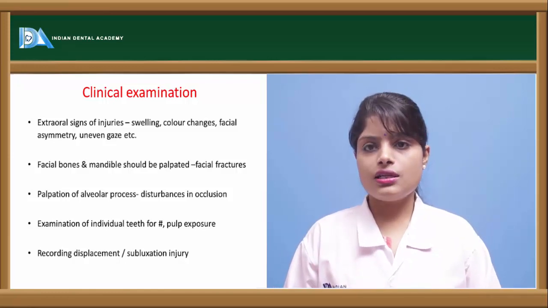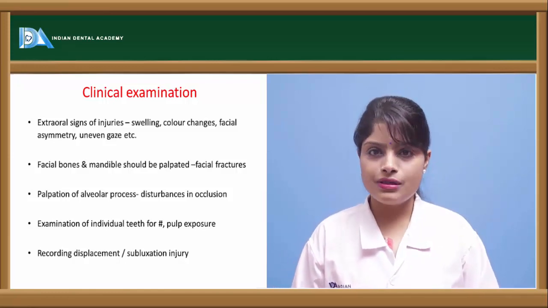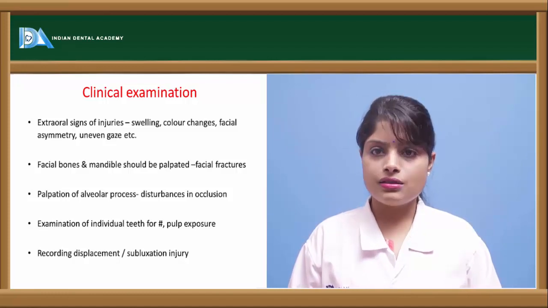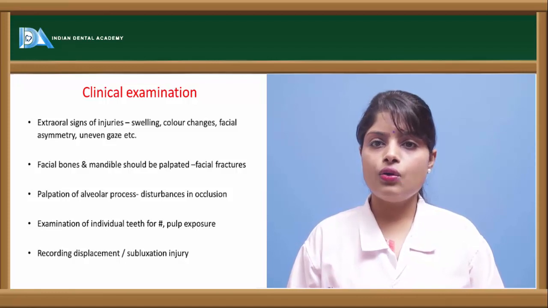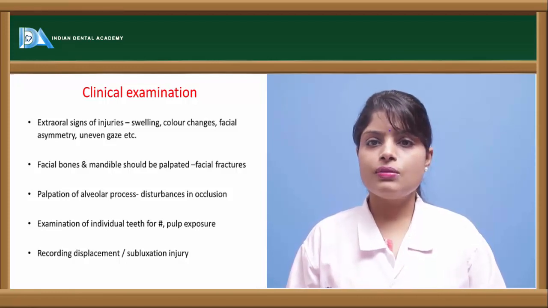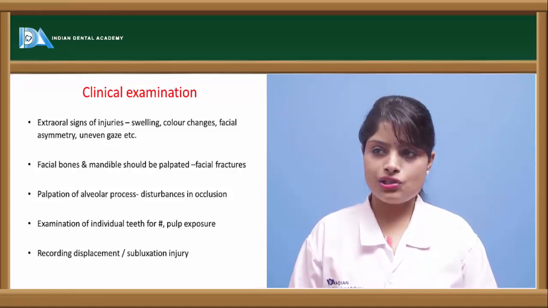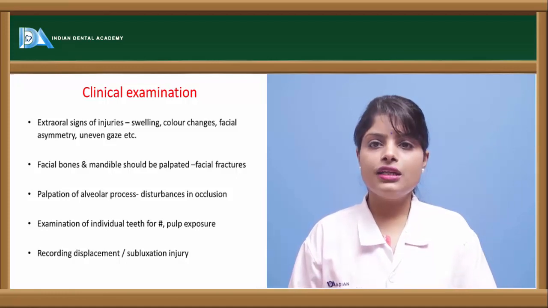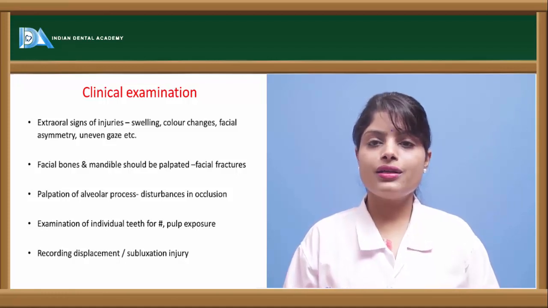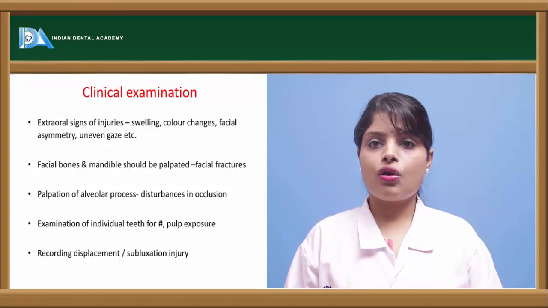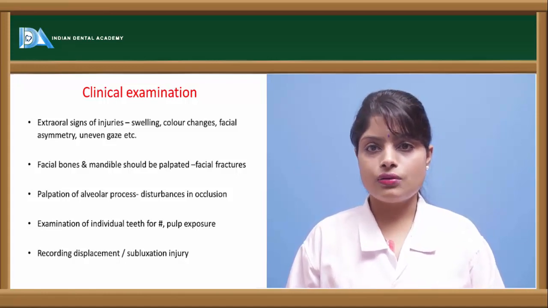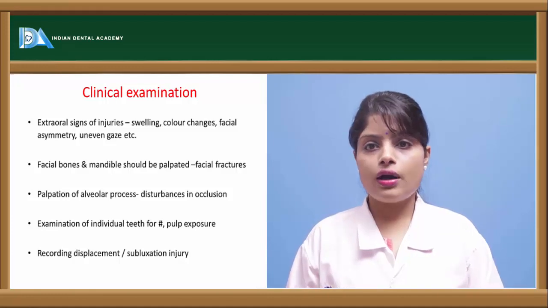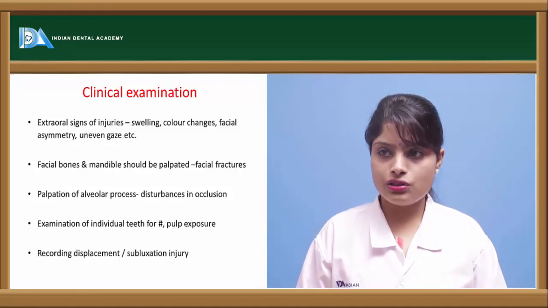Any injuries in the facial bones or the mandible should be palpated with gloves. We should take note if there is any derangement of the occlusion of the patient. Each and every tooth should be examined for any subluxation or concussion injury, or maybe any crown infraction, or even complicated or uncomplicated crown or root fractures.